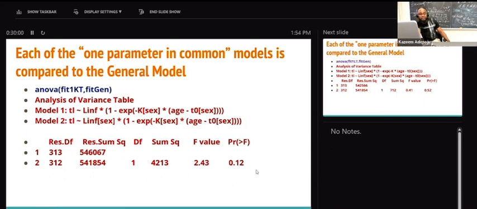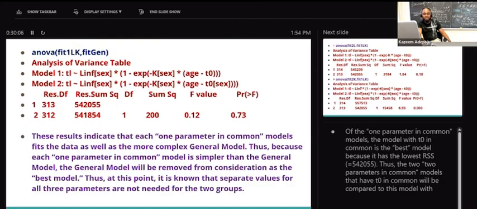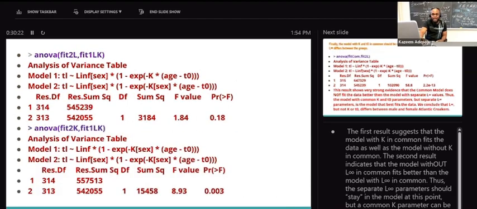The p-value is 0.12, the p-value here is 0.52, and the p-value here is 0.73. If I'm going to choose among the one-parameter-in-common models, I'm going to choose this one. What is this? Fit 1 LK. That was why in my next consideration, from the one parameter in common, I chose fit 1 LK.